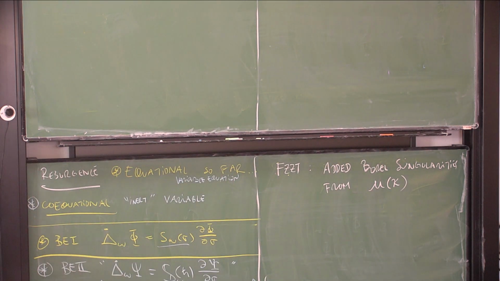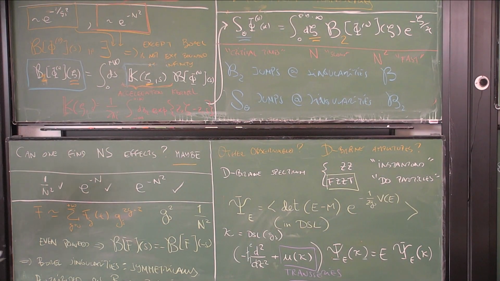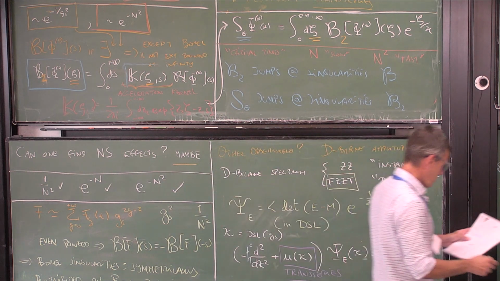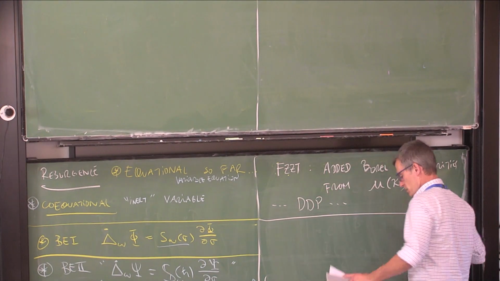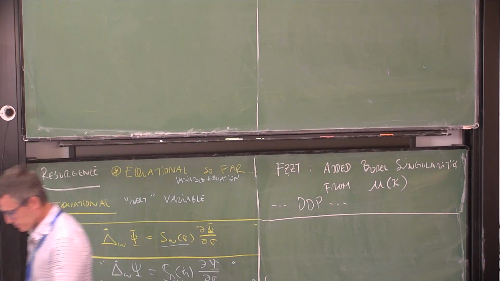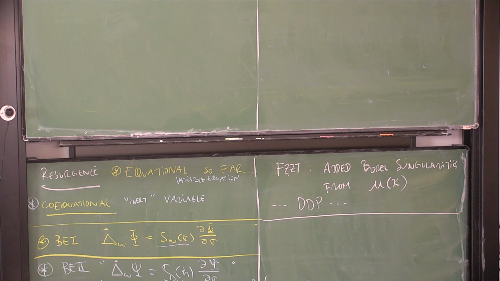And I'll write down a solution to the string equation in the second half of the lecture. Okay? So there will be some extension of DDP for that, which one of my students is looking at. So anyway, that's the resurgent analysis.